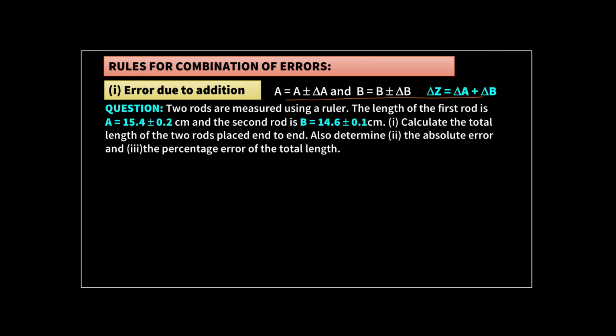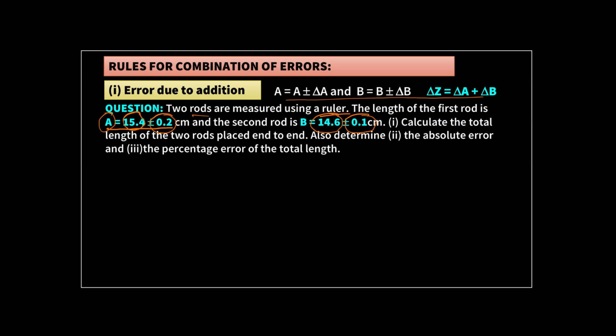Let's see a question. We measured the length of the rods with a ruler. Rod number 1 has a length this much. This is the true value and this is the absolute error in measuring length of the first rod. This is the true value of the second rod and this is the absolute error in measuring length of the second rod.